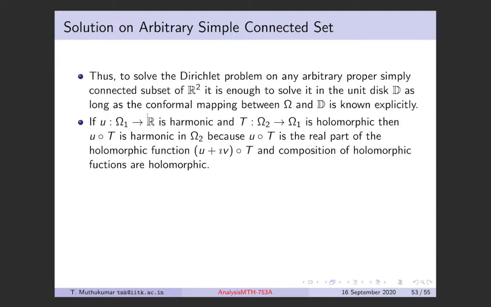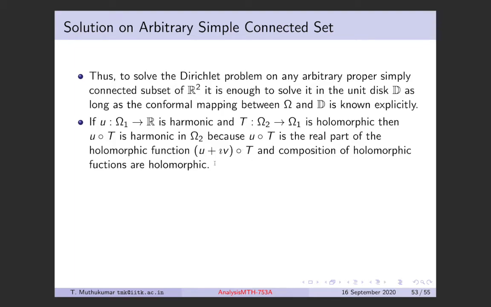So given u harmonic, you have a conjugate harmonic function v. Once you have u and v, you can write down the holomorphic function u plus iv. T is the conformal mapping from omega 2 to omega 1, which is a holomorphic function. So T is holomorphic, u plus iv is holomorphic, and the composition is also a holomorphic function.